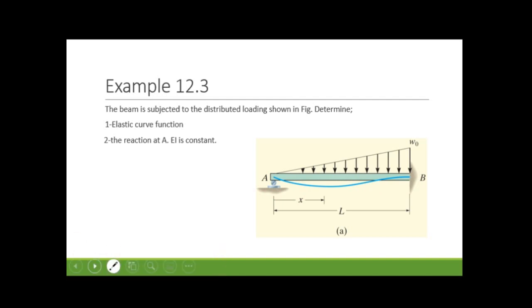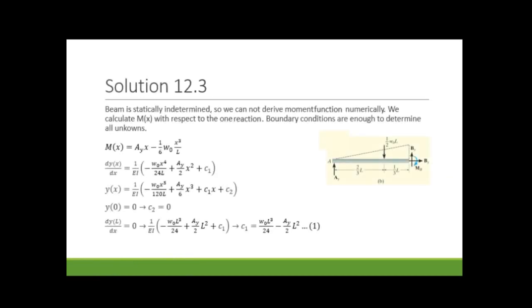So I said we need only one more term to find the moment function. Therefore, in a first order statically indeterminate system, I can assume Ay as an unknown. I try to generate the moment function with respect to Ay.